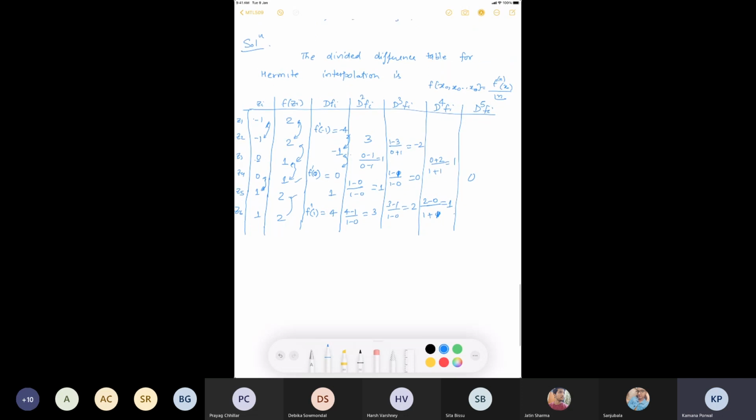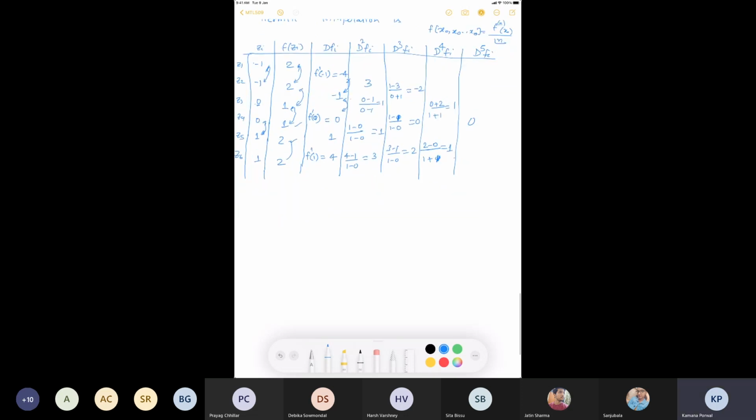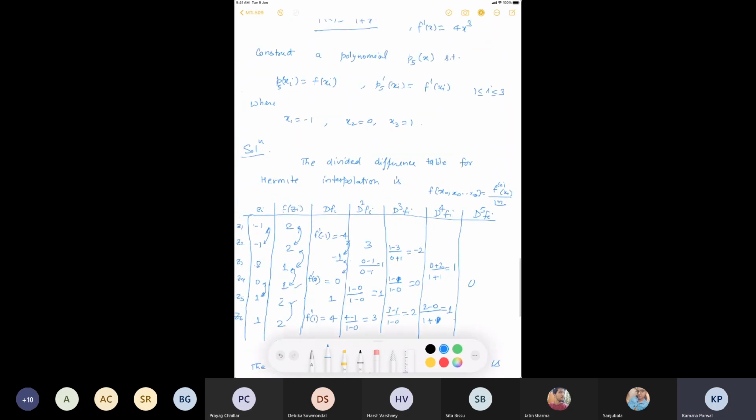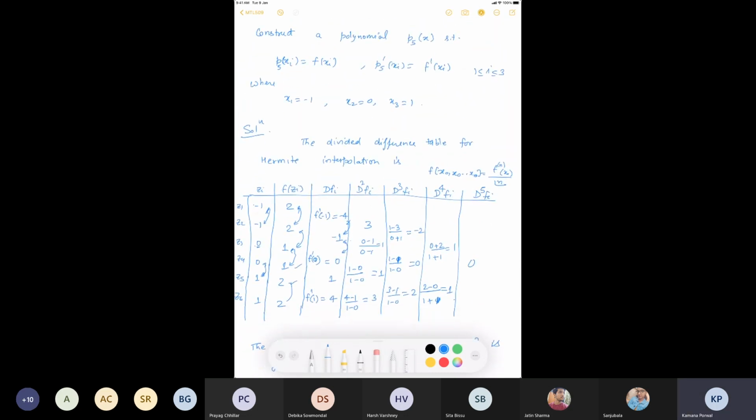Now we can simply write down the Hermite interpolating polynomial. So this is going to be P5 of X. We have F at, so basically I'm going to use these entries.